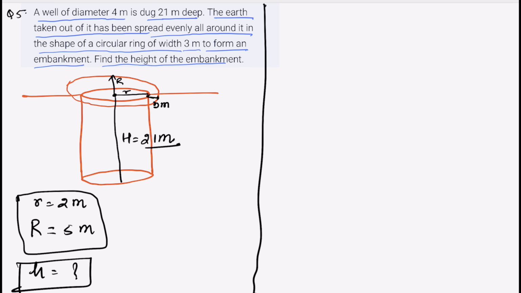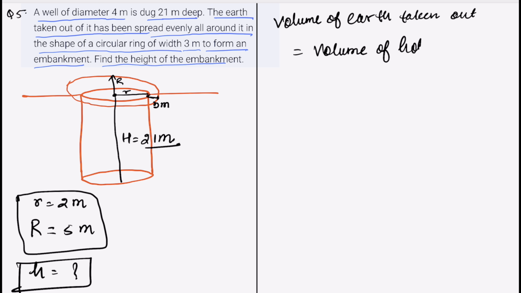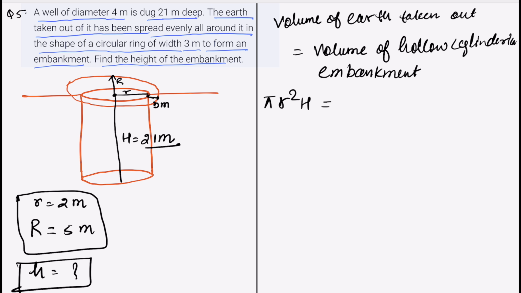Let's say the height of the embankment be small h, so what we have to find is small h. From here we can write the volume of earth taken out will be equal to the volume of the hollow cylindrical embankment. The volume of earth taken out, that is the volume of this well, is pi small r square into capital H, equal to the volume of this hollow cylinder, that is pi into capital R square minus small r square, into small h.